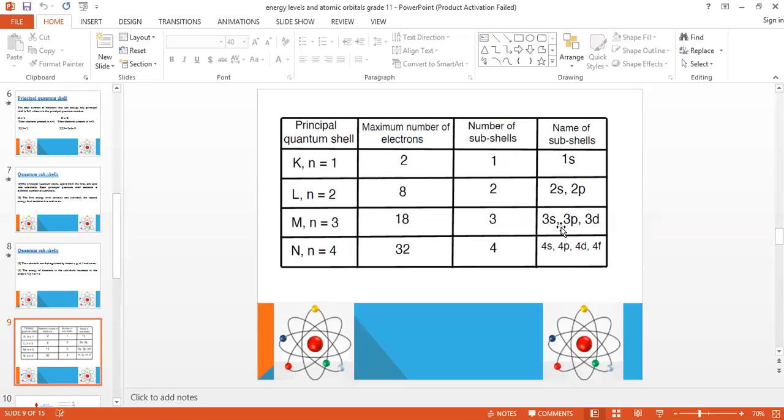Third row, n = 3, so that's why we write 3s, 3p, 3d. Here n = 4, that's why we write 4s, 4p, 4d, and 4f. Clear now? And this last column we are going to arrange in an order. All these sections we are going to arrange in an order for what? For electronic configuration.